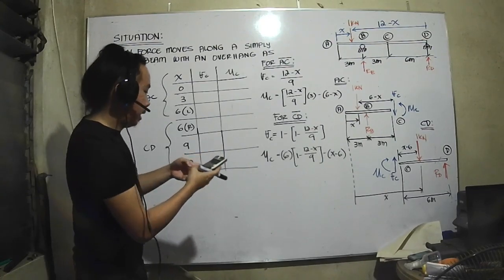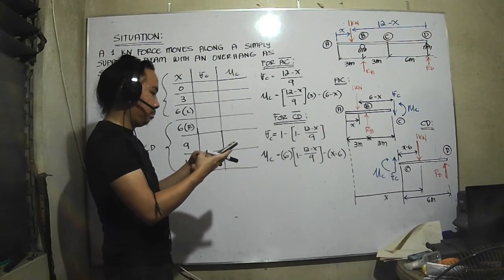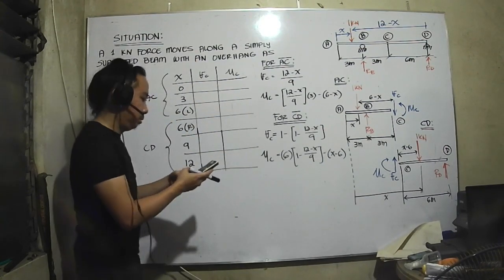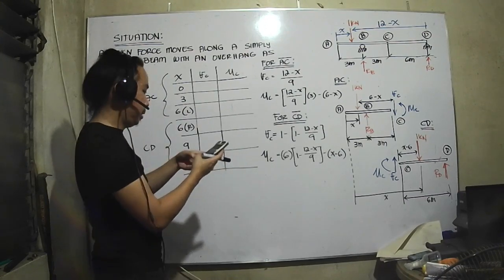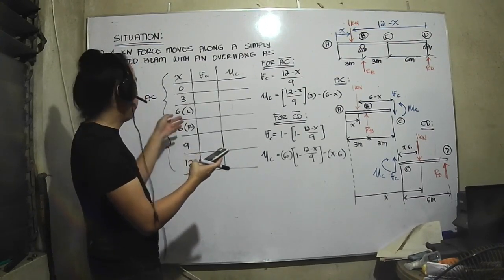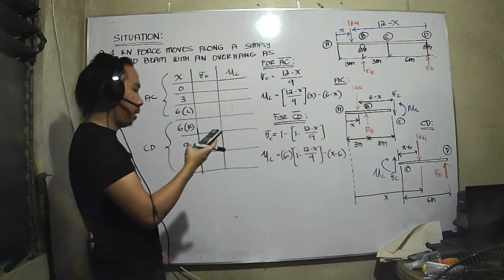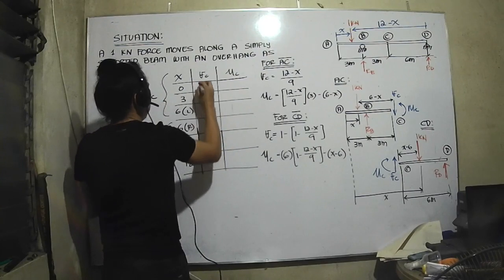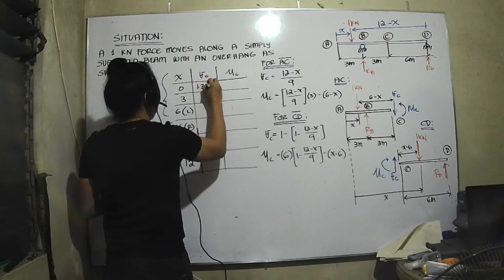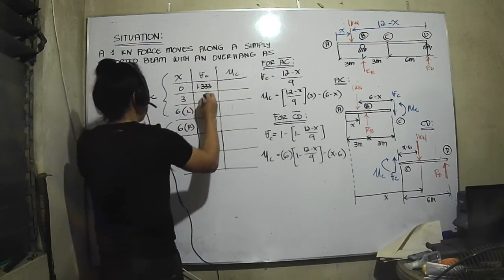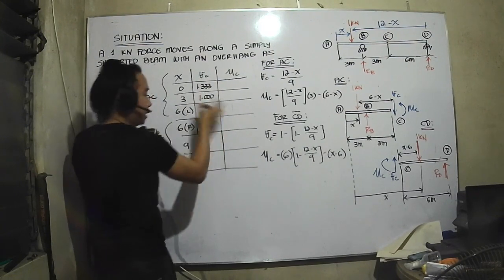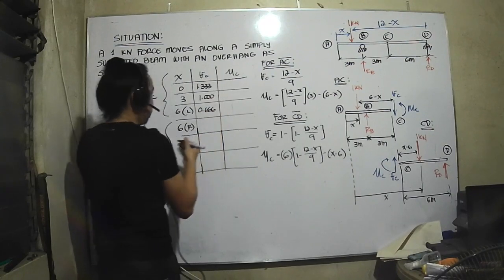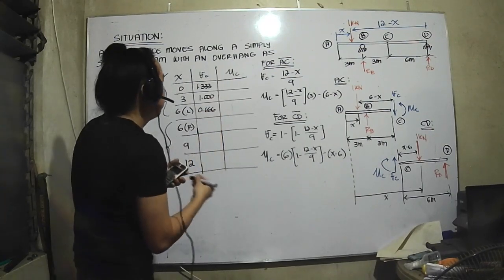I start with 0, end with 6, step 3. The running numbers give 1.333, then 1.0, and then 0.666.